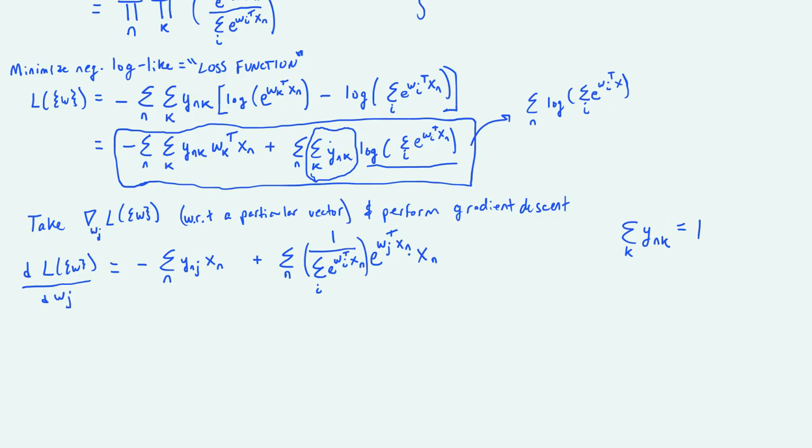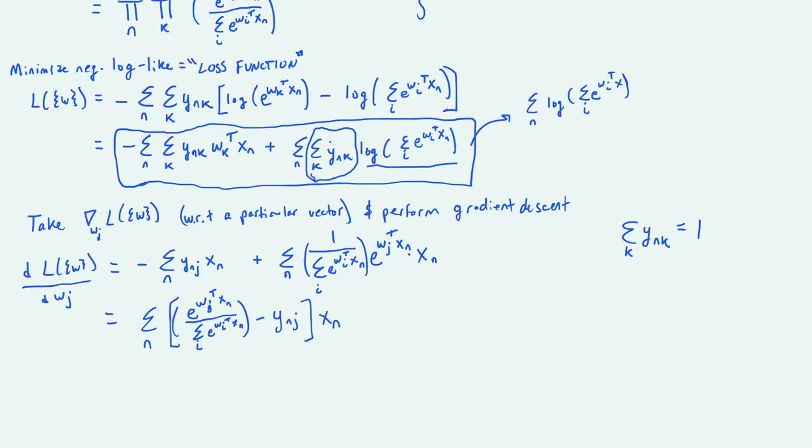So let's simplify that even a little bit more if we can. Let's put it all under one sum. We'll put certain terms together: e to the wj transpose x over the sum of exponentials, minus ynj, that whole thing times xn.